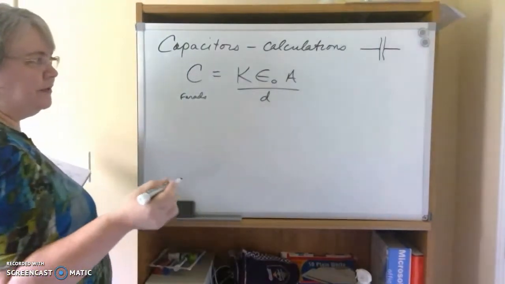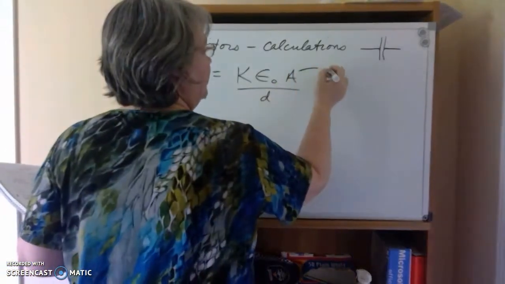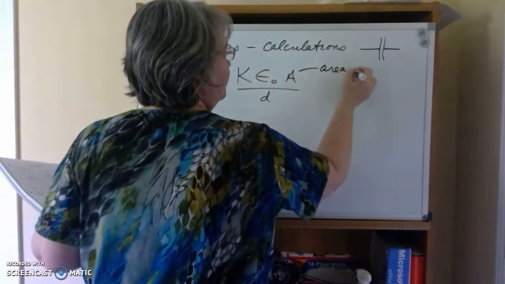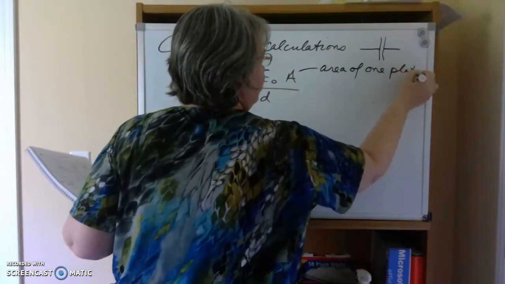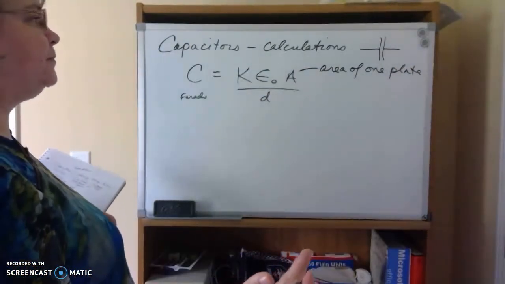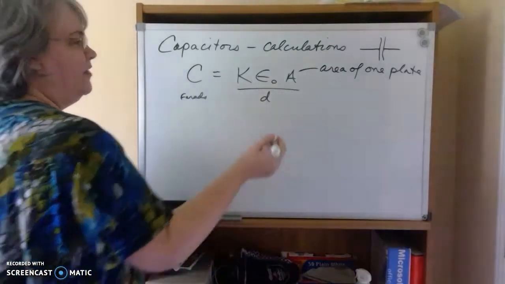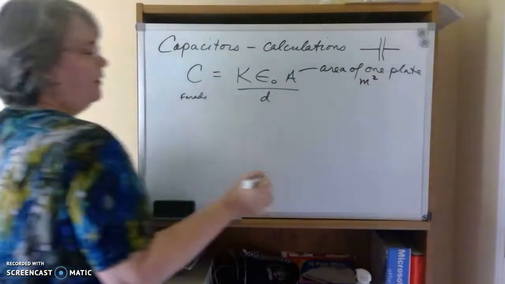We mentioned that the plates had to have a lot of surface area. So this is the area of one plate, understanding that it's mirrored by the opposite plate. And this is in meters squared.